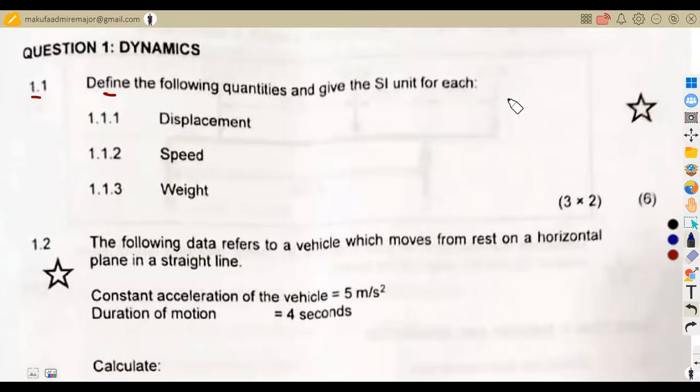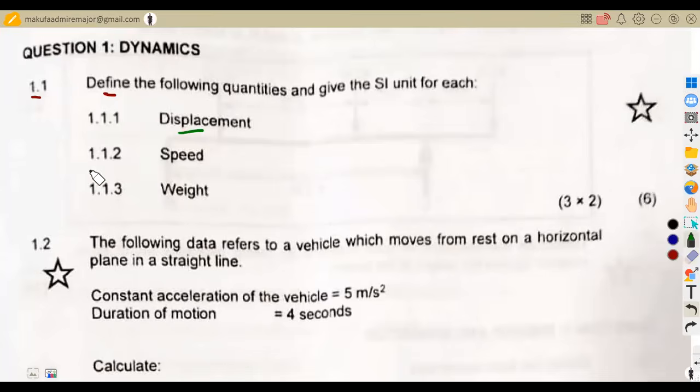Let's say this is how the object was moving, starting from point A, to point B, to point C, to point D, to point E, up to point F. This is the distance being traveled: A to B, B to C, C to D, D to E, E to F. But the displacement is the one that we take from A to F direct. That is our displacement in this case.